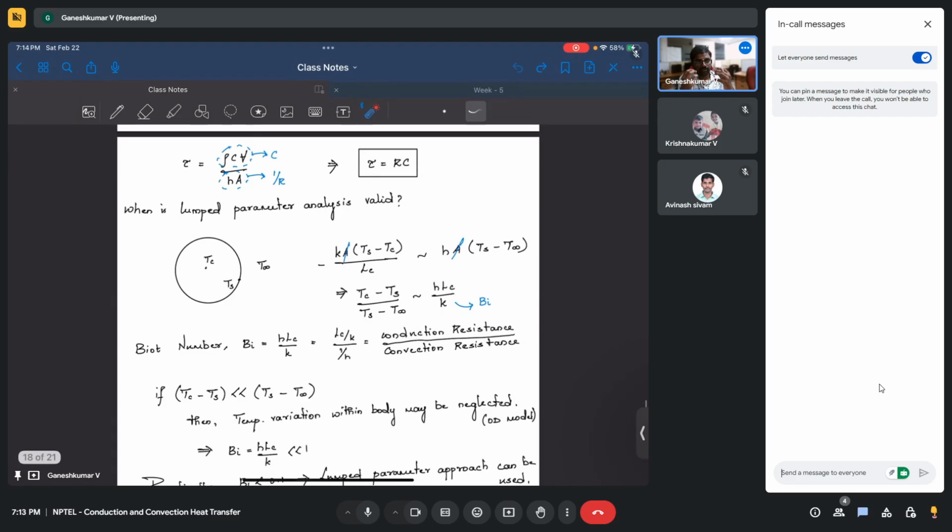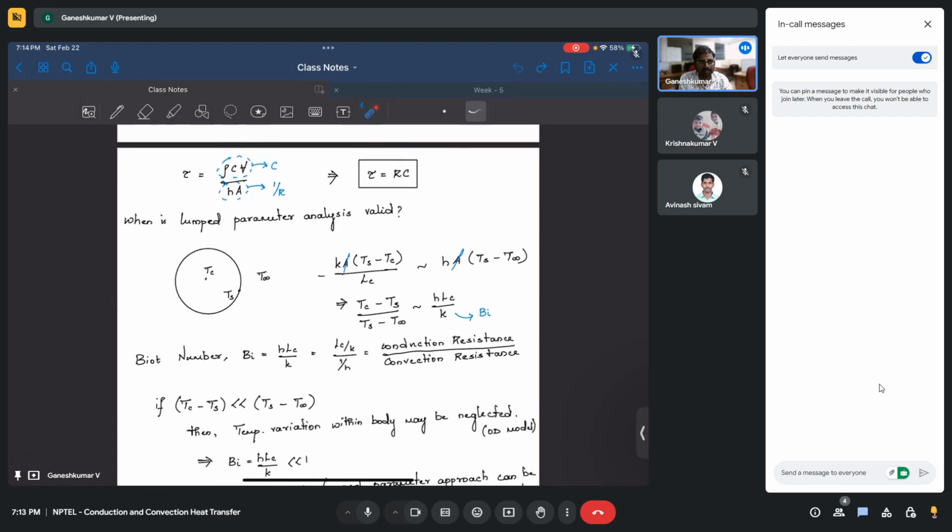Now, how do we know there is minimal variation along the space? That is based on this Biot number calculation. If the resistance for conduction within the sphere is very low compared to the convection resistance, then whatever the energy given on the surface will be quickly dissipated within the sphere, right?